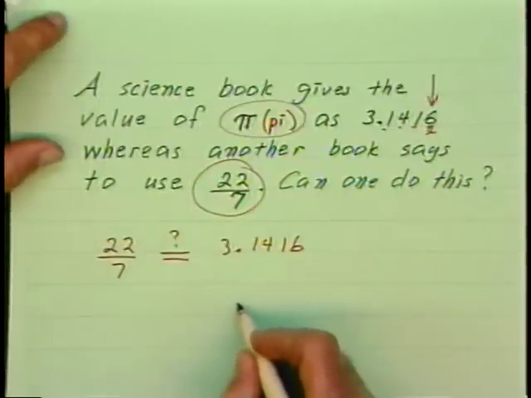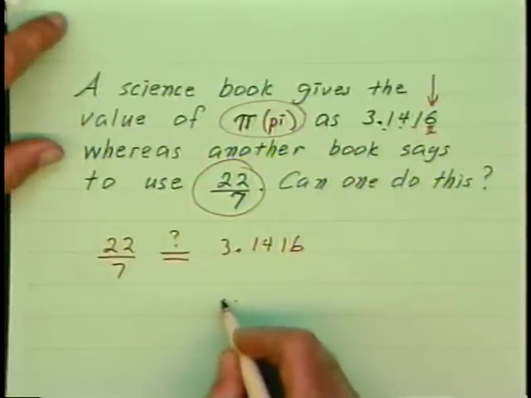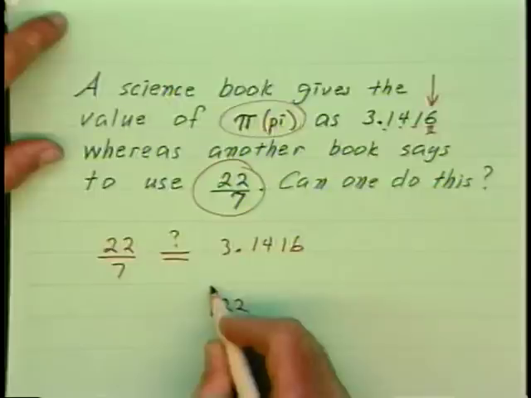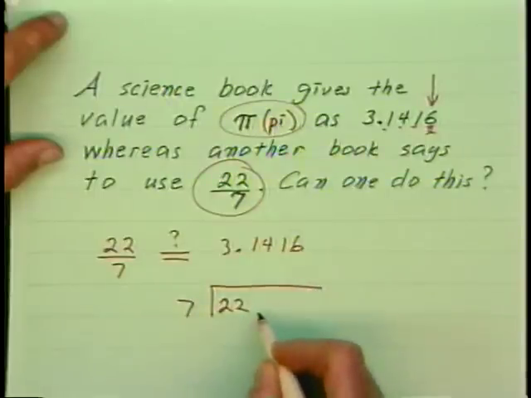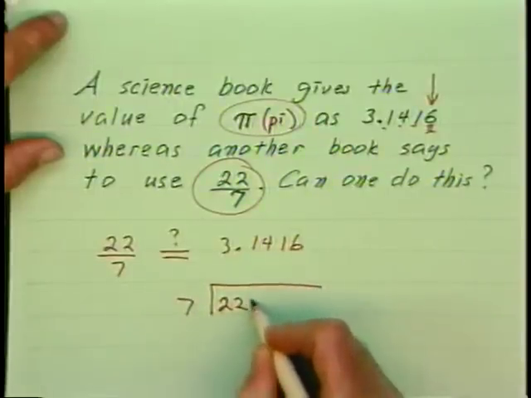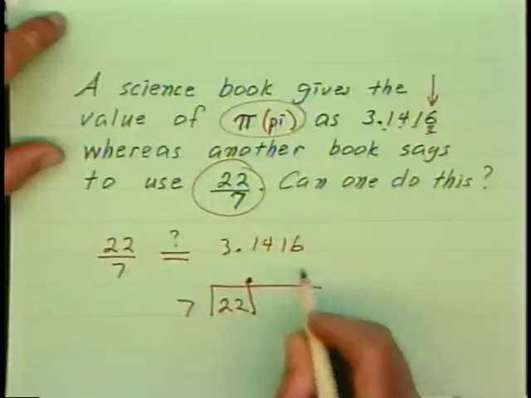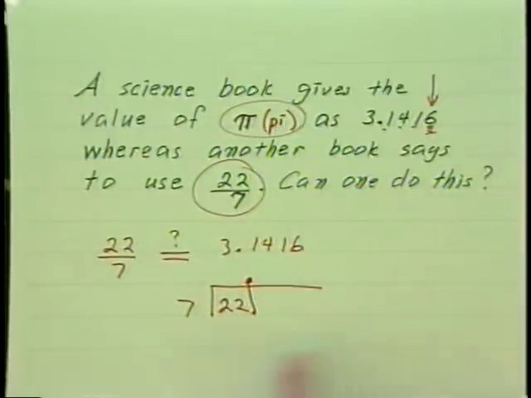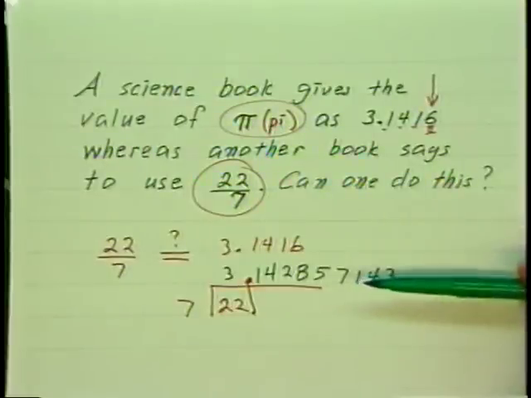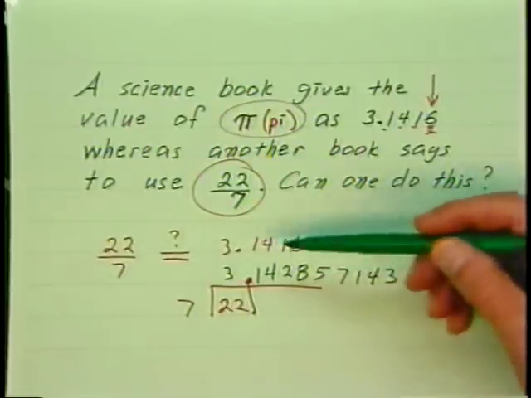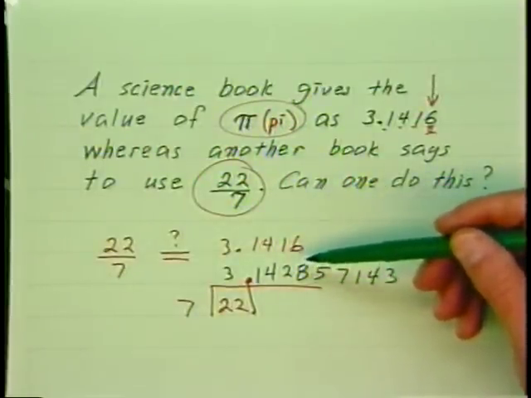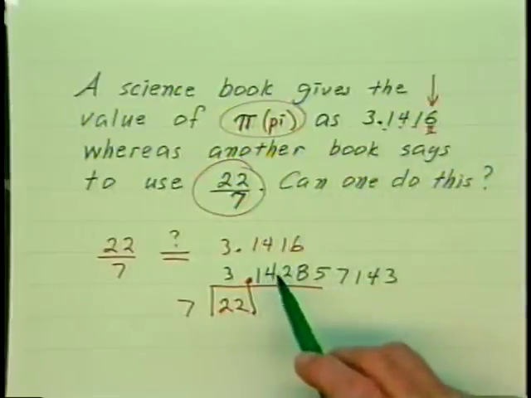Well, let's divide 22 by 7 and see if it comes out to be this. So 22 divided by 7, decimal point is here. Let's actually divide it. And if I do so, I get this quotient. And let's compare them, and you actually will get a feel now for what round off really means.